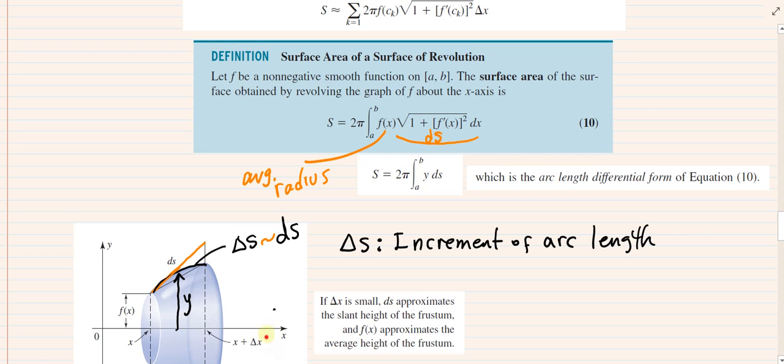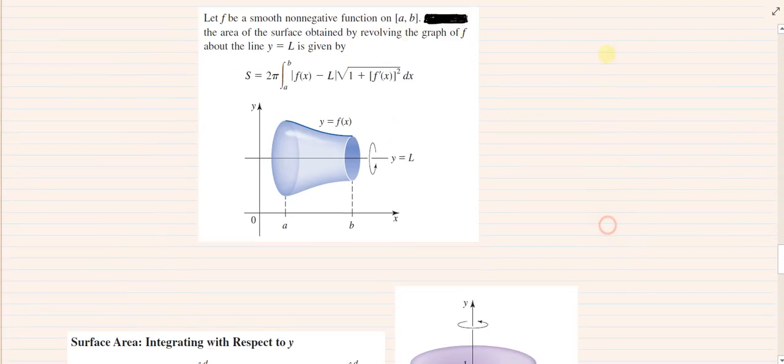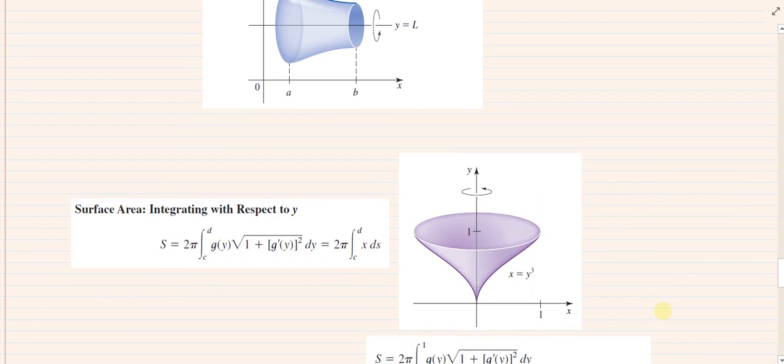Because the horizontal axis is what we're rotating about, that makes the distance be y. If you revolve about the y-axis, then this would be the distance to a typical differential of surface, and that's going to be x. And that's what this is. g of y in this case is x.